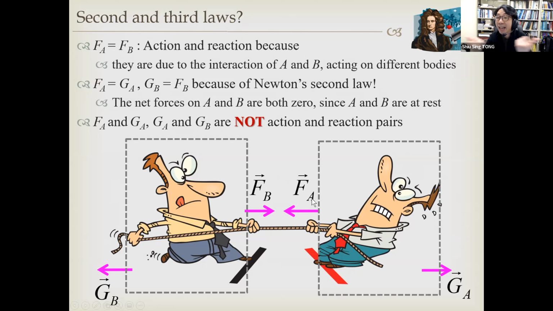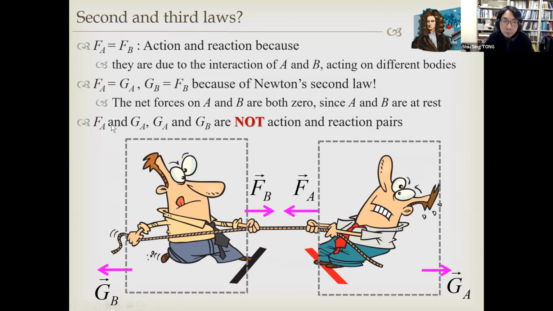And these two forces have to cancel because body A is not moving. By Newton's second law, if body A is not moving, the net force acting on it must be 0. That means FA must be balancing GA, right? The two forces must be cancelling each other. And similarly, FB must be cancelling with GB. They must balance each other. So these two pairs of forces are equal by Newton's second law, and the condition that the two persons are not moving.